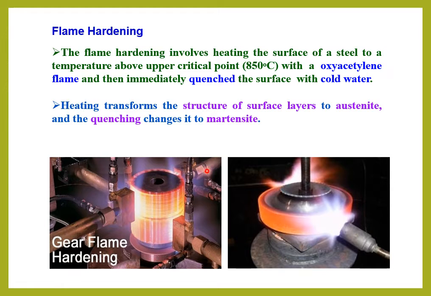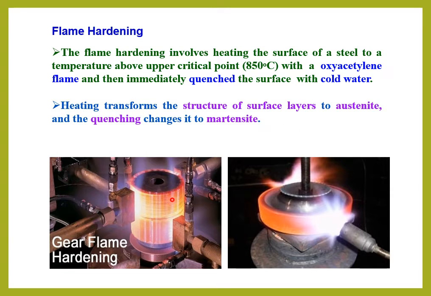Then immediately after heating you do the cooling by water quenching, so you spray the water. Because of this heating and cooling, the microstructure of the surface changes from austenite to martensite. So this is called flame hardening.